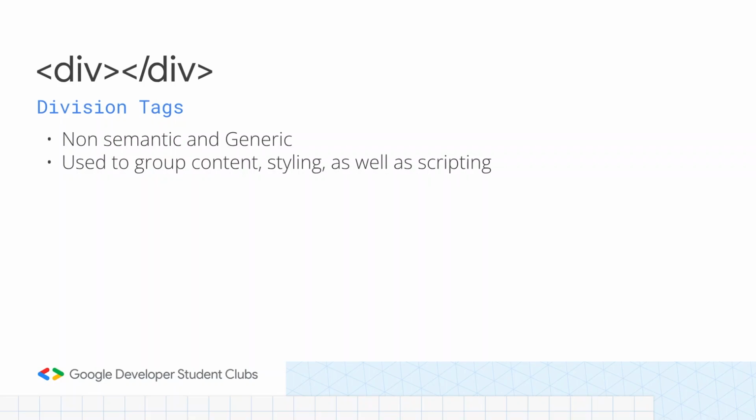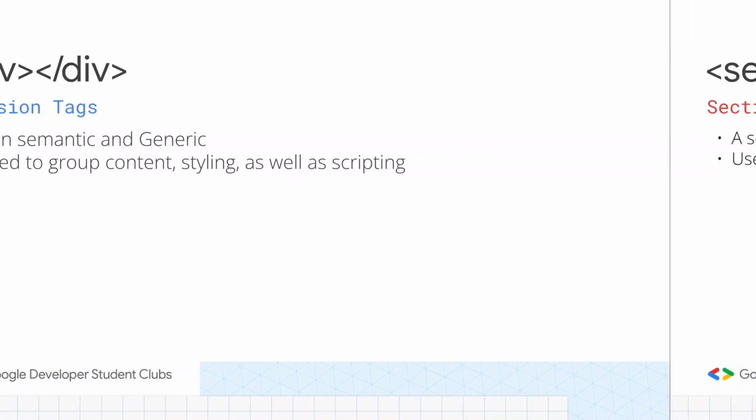Like if you have six icons and you want to display them in a certain way, you use CSS, and you need to wrap them in a div to style it. But they're not semantic and generic, so basically it has no meaning. They're just ways for you to group content for later in CSS when you want to style specifically that group and not the entire web page. It'll make a lot more sense when you do the lab portion.